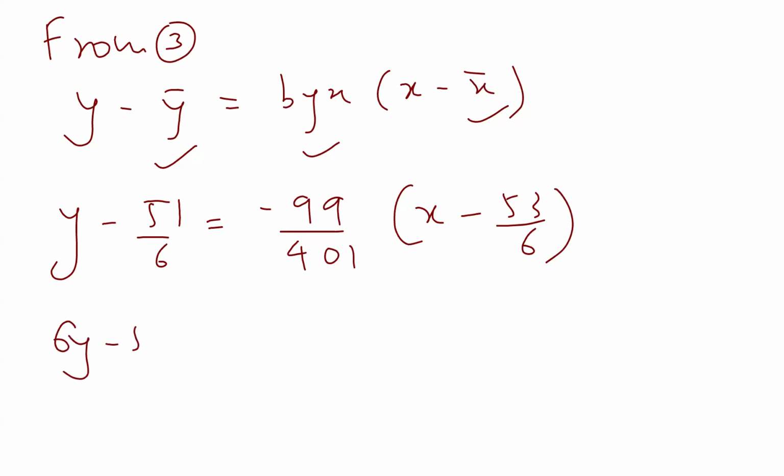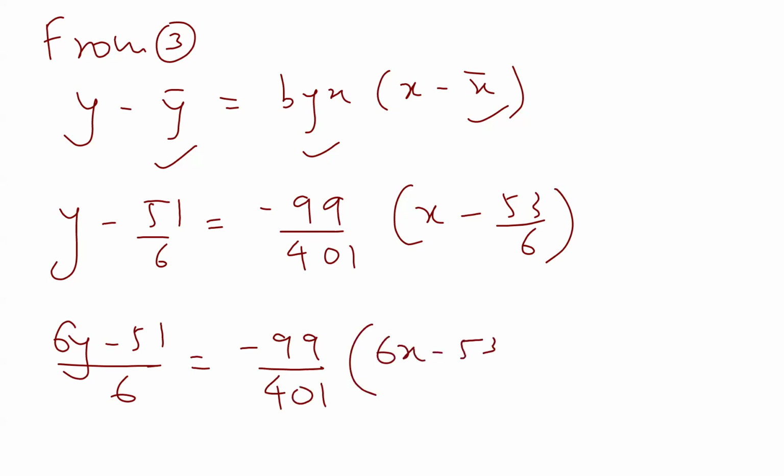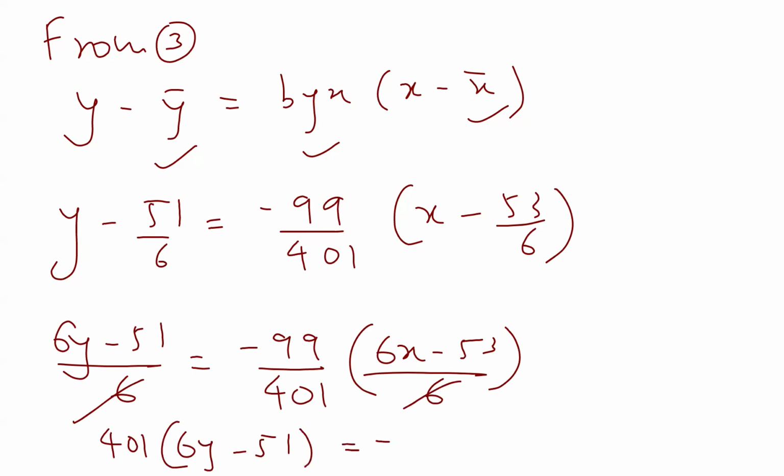So you can cancel the 6 on both sides, and multiply 401 on the other side: minus 99 times (6x minus 53).